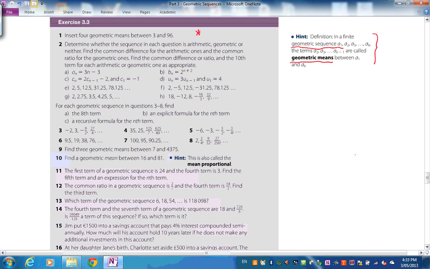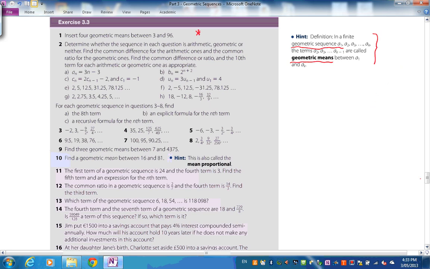They could just say that more easily, and that's what they usually do in the standard level course. Say, create a geometric sequence, put in 4 terms between these two, or call 3 the first term, and then 96 would be the 6th term if they want 4 terms in between. You're going to do that in a very similar way to what we did the arithmetic ones. So let's just have a look.